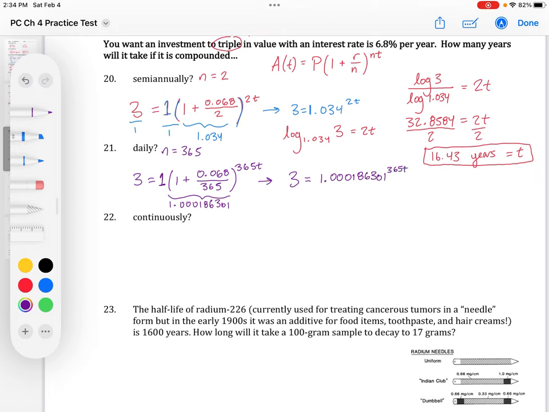All right, and now at this point, we can change it into a log. So we have log with a base of 1.000186301 of 3 equals 365t. We have to use that change of base formula again.